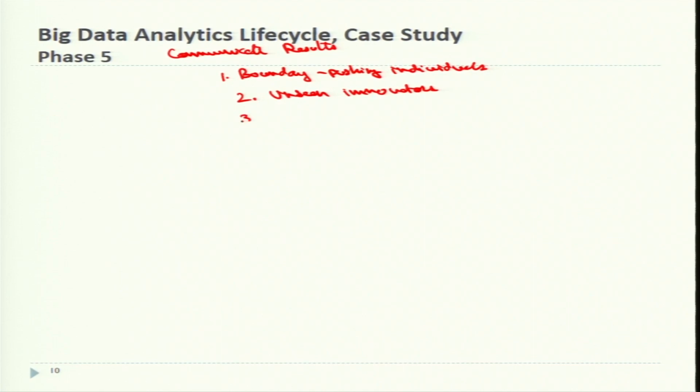Communicate results. When the results were to be communicated, it was identified that the project is able to identify boundary pushing individuals. Number 2, unseen innovators. Also it launched longitudinal studies.